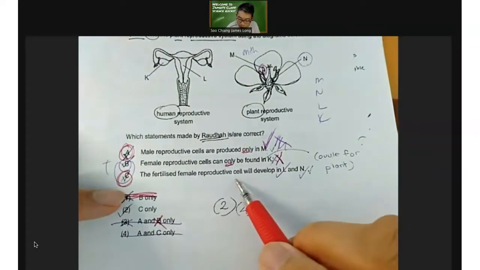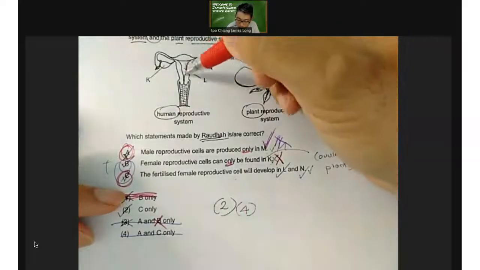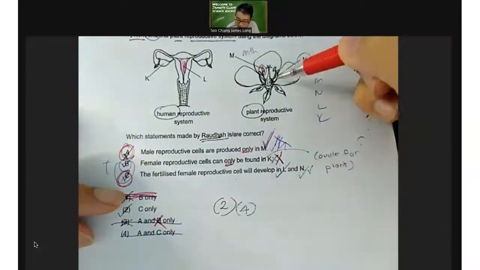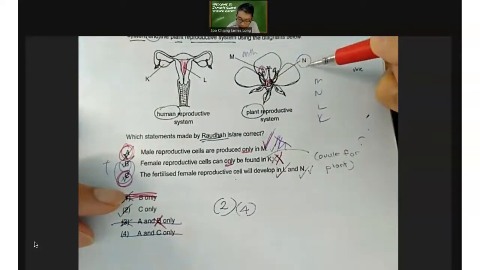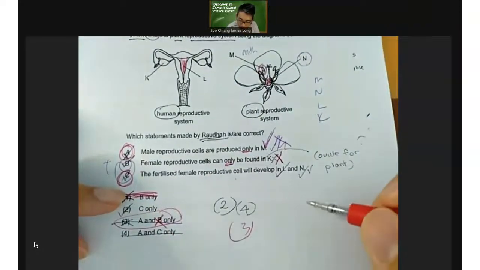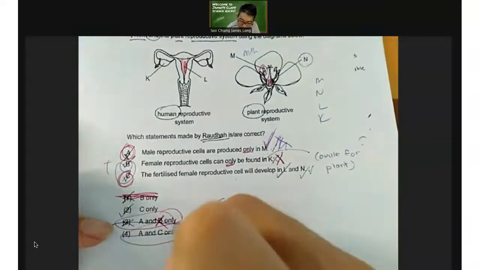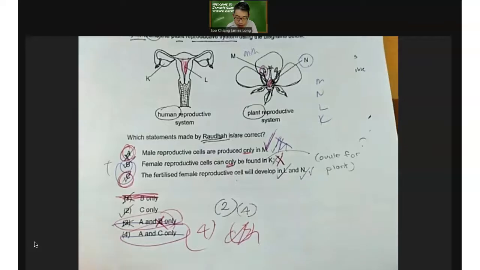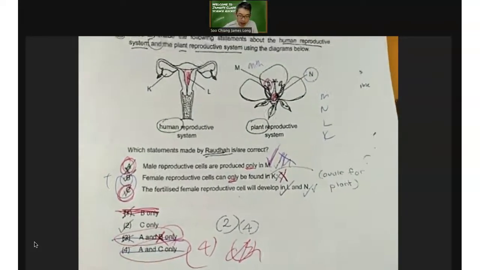Fertilized female cell will develop in both the womb, the L, and N, which is the ovary. So A and C is correct. Answer is 3. Sorry, answer is 4. Okay, answer is 4. Pardon me here, I think I confused you a little bit.